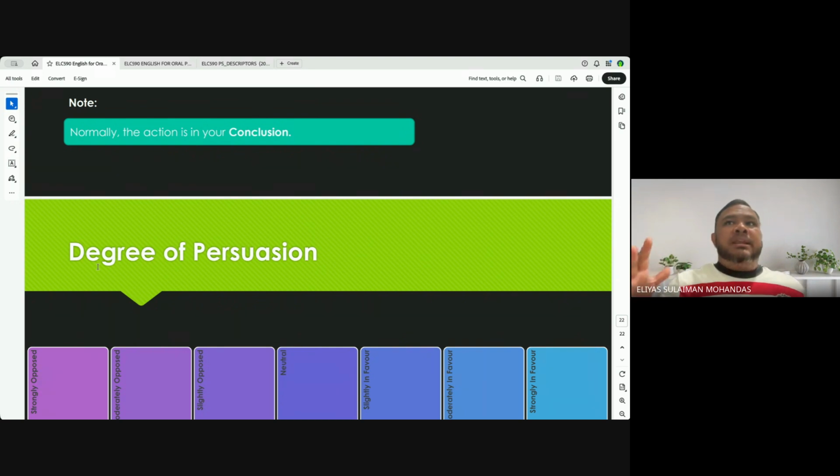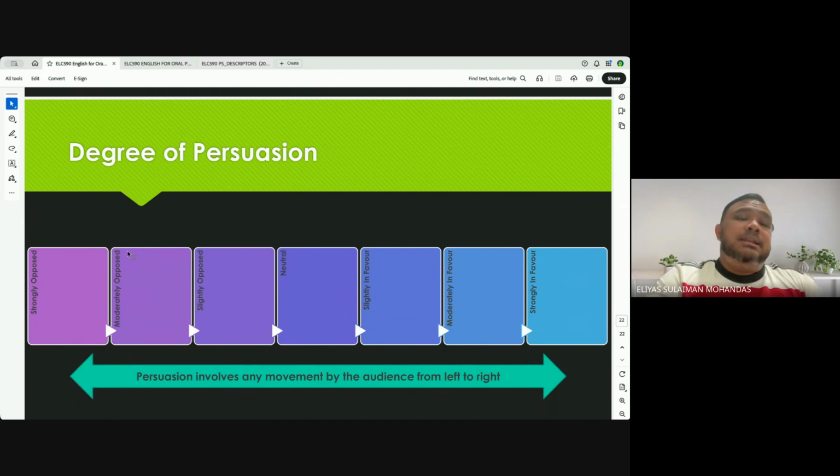Yeah. Now, you can always refer to some samples available online. How did they integrate Monroe's motivated sequence in all of their five paragraphs in order for them to structure the speech? Yeah. Now, the last slide is basically showing you the degree of persuasion.